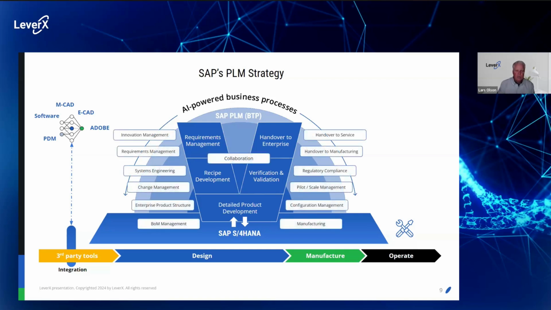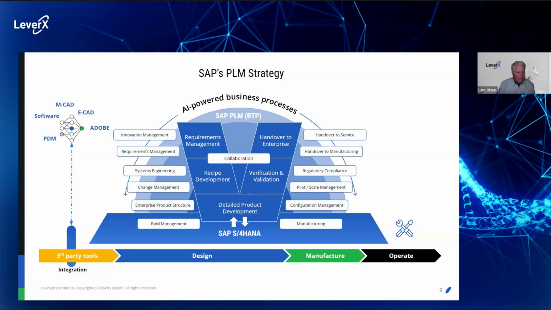So when we start to align these processes here, along with the integration between the cloud platform and your S/4HANA systems, you can see we've got innovation management, requirements management, which we covered, systems engineering, obviously on the discrete, so change management, product structure, BOM management.